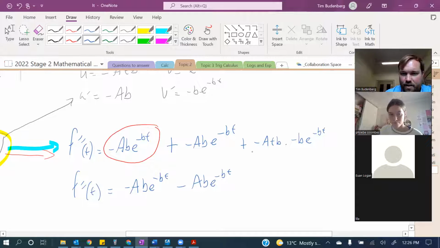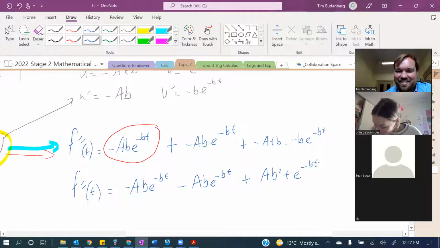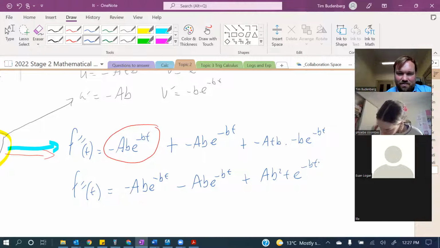Now there are two negatives happening there, so then it's plus AT, actually it's AB squared T e to the minus BT.